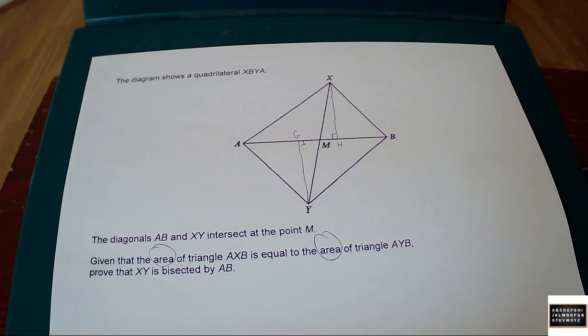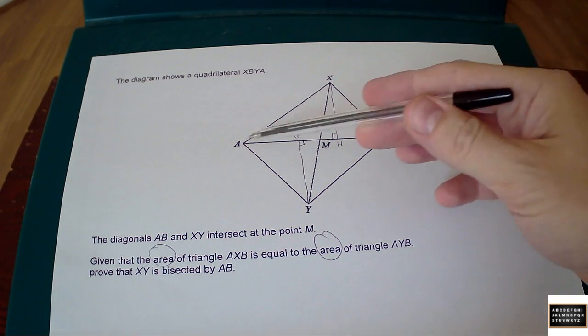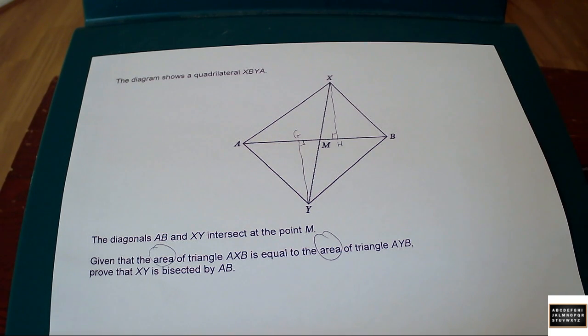Now, if the areas are both the same, the logic is that the particular heights have to be the same, because they share a side. AB is shared by both, so if AB is shared by both, they do have to be the same perpendicular heights, because otherwise it wouldn't work, and the area is the same for both.